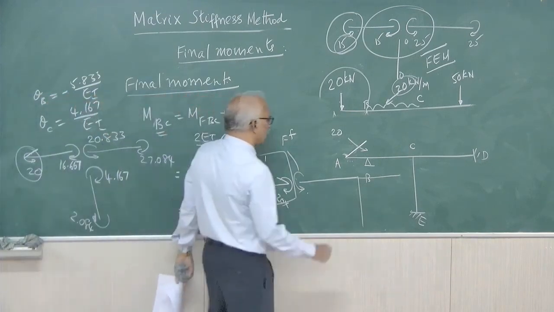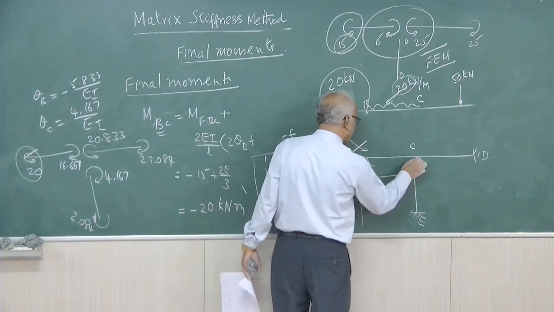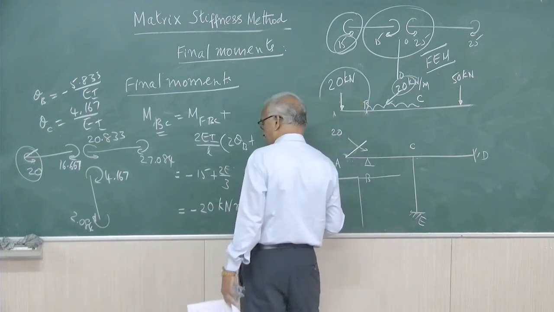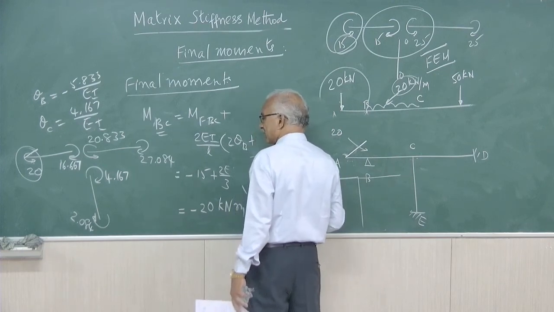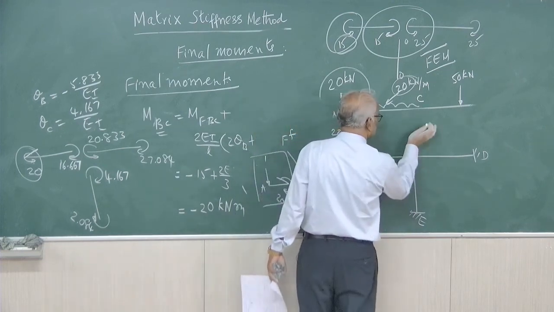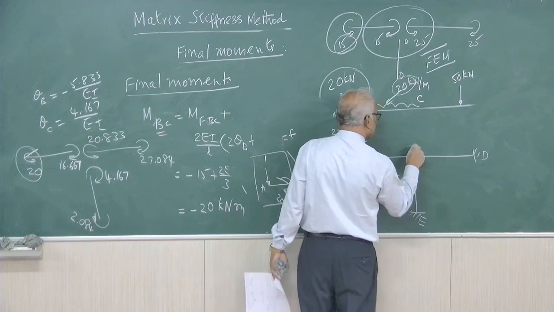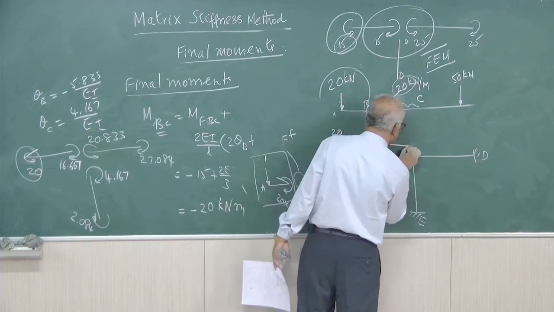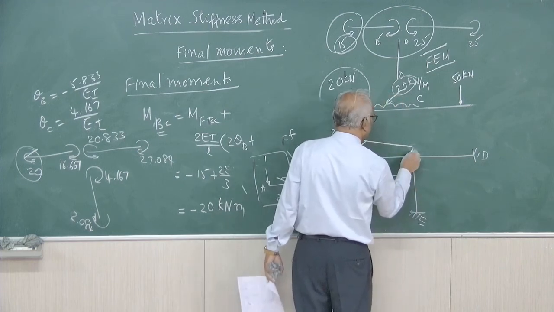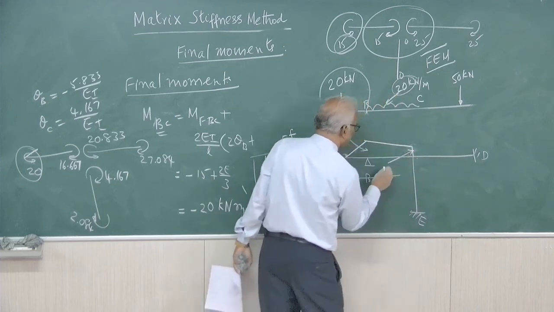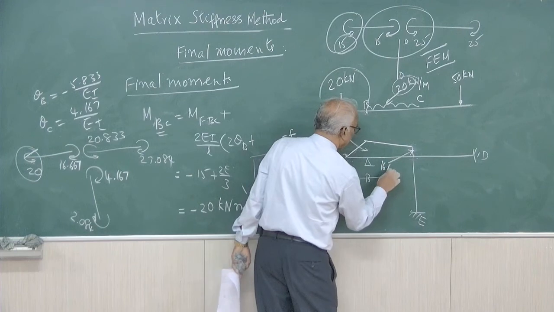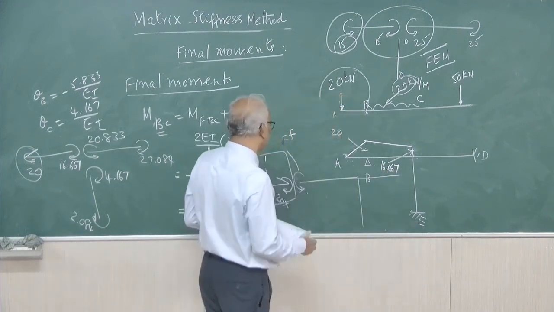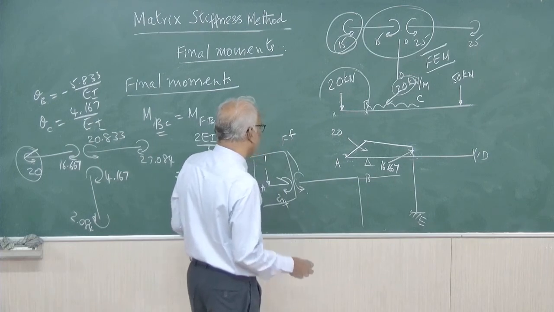So, here also in the beam BC, this is on the top 20, right, and in the member CB it is 16.667. So, this value is 16.667, that is for the member ABC, right.